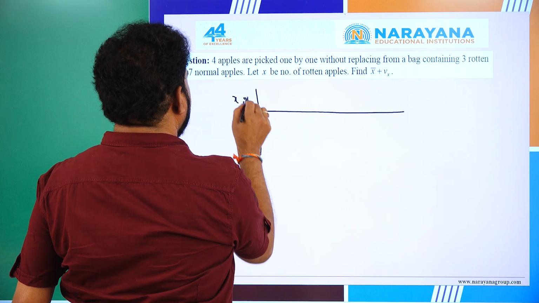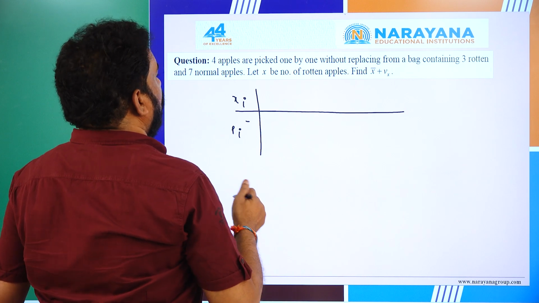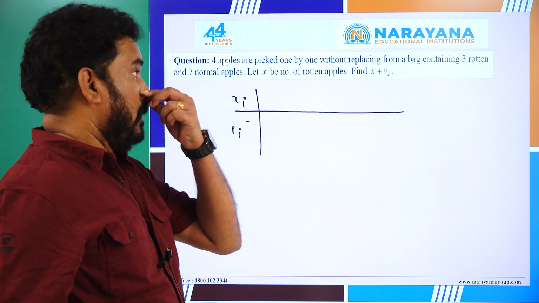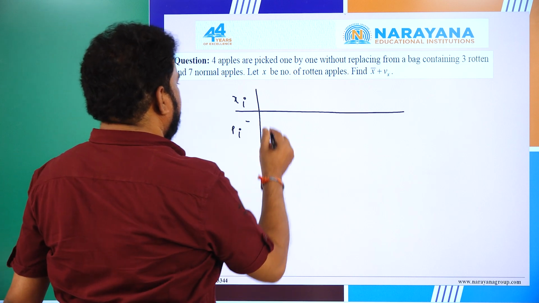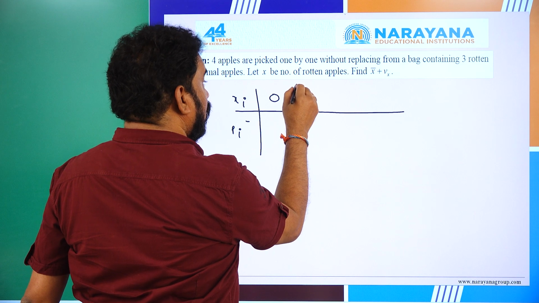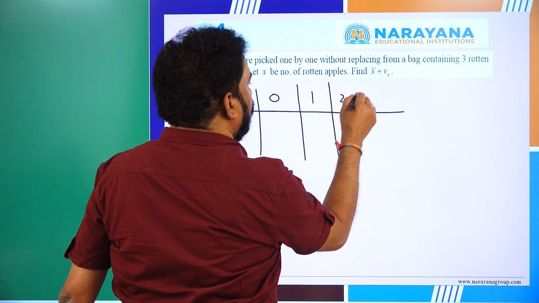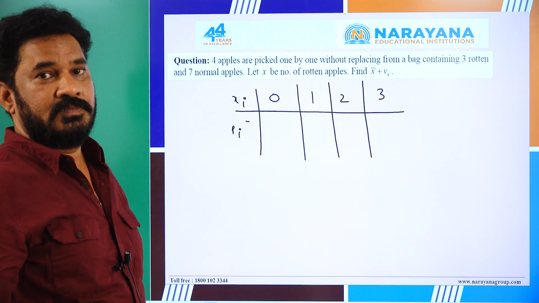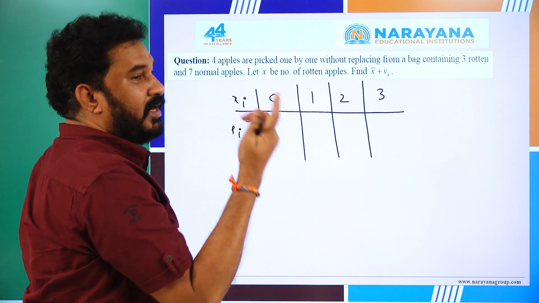This is xi, this is pi. So when apples are drawn, there may be a chance to get 0 rotten apples, that means getting 4 normal apples. So 0 rotten apples, maybe 1 rotten apple, maybe 2 rotten apples, maybe 3 rotten apples.